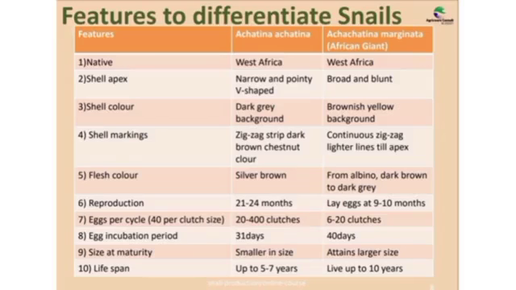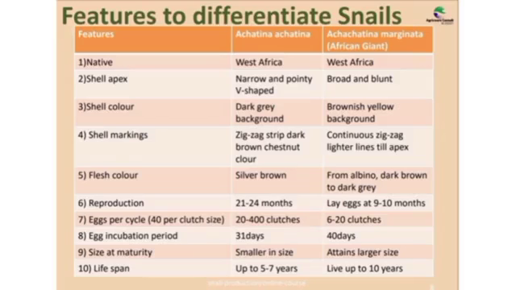Broad, blunt tip. You can see in the pictures shown in the previous slides the difference between the shell apex of Achatina achatina and the shell apex of Achatina marginata. For the third feature, which is shell color, Achatina achatina has a dark gray background, meaning the shell is dark gray with lighter markings.